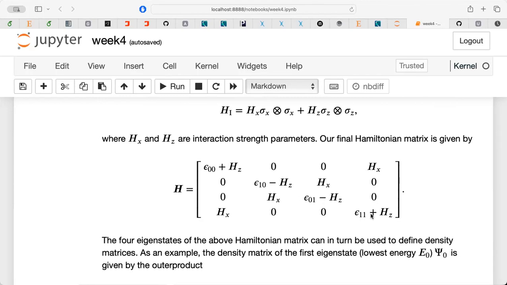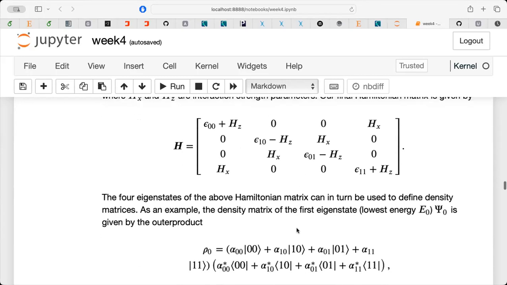And then we can obviously play around with the constants here. So HC and HX are, in this specific case, just constants. And if we now look at the lowest eigenvalue, you could diagonalize this matrix, which gives you a 4x4 matrix and 4 eigenpairs.